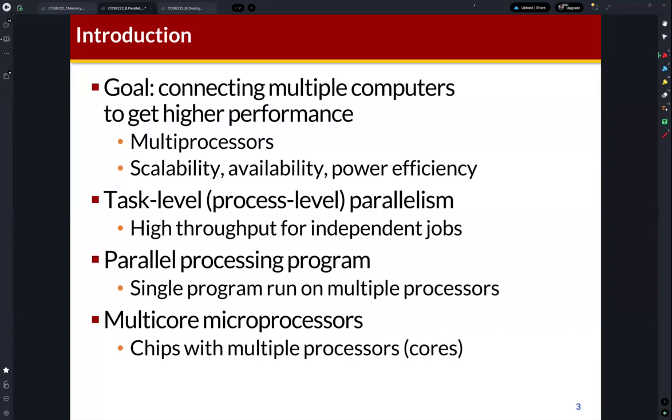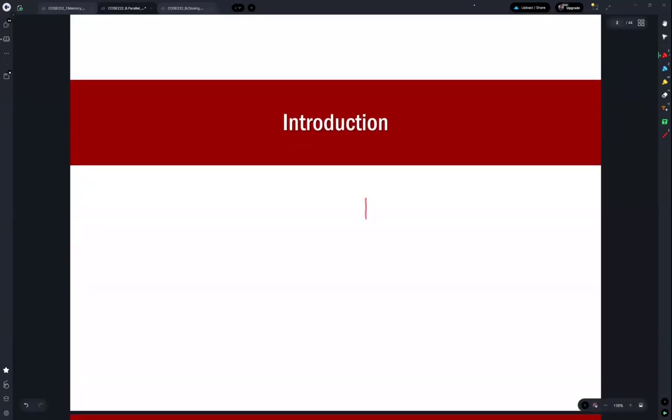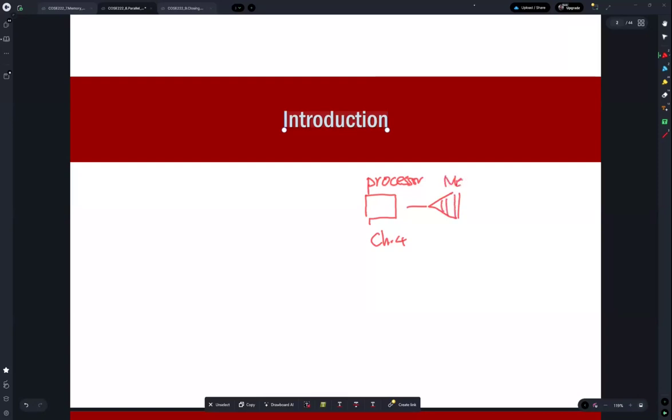Until now, we learned about the single core processor architecture. What does that mean? We learned about the processor architecture in chapter 4. And then we learned about the memory hierarchy, the memory system, in chapter 5.